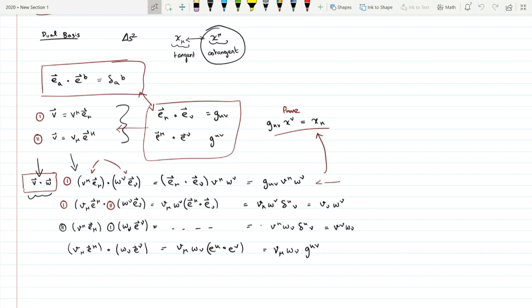And all I've done is I've used the property of the definition of my metric as well as the definition of the dual basis, and I come up with 4 different right-hand side terms. So all 4 on the right-hand side have to be equal. So if I write that out for you down here, G mu nu, V nu has to be equal to.